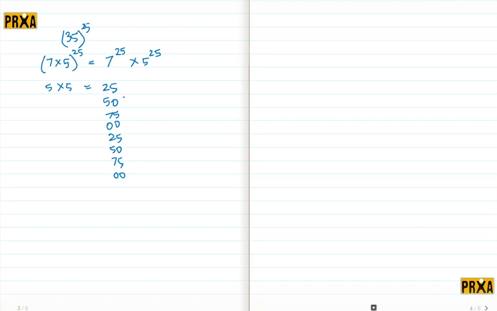Now in here, this number would invariably be a certain number times 5, and if I were to open this bracket up, this certain number multiplies with itself 25 times, and I have 5 to the power 25 here. So once it becomes 25 in the last digits, all its powers are going to end up either with 25 or 75.